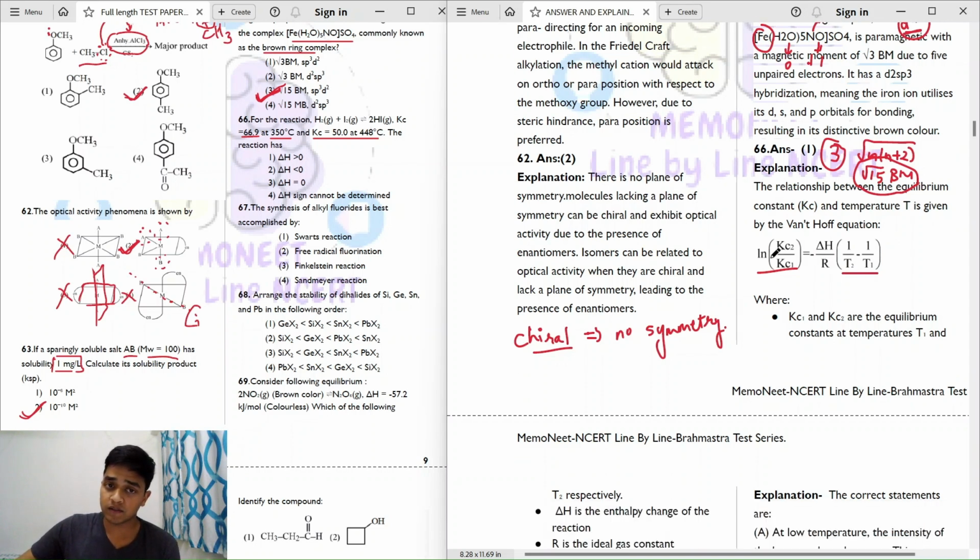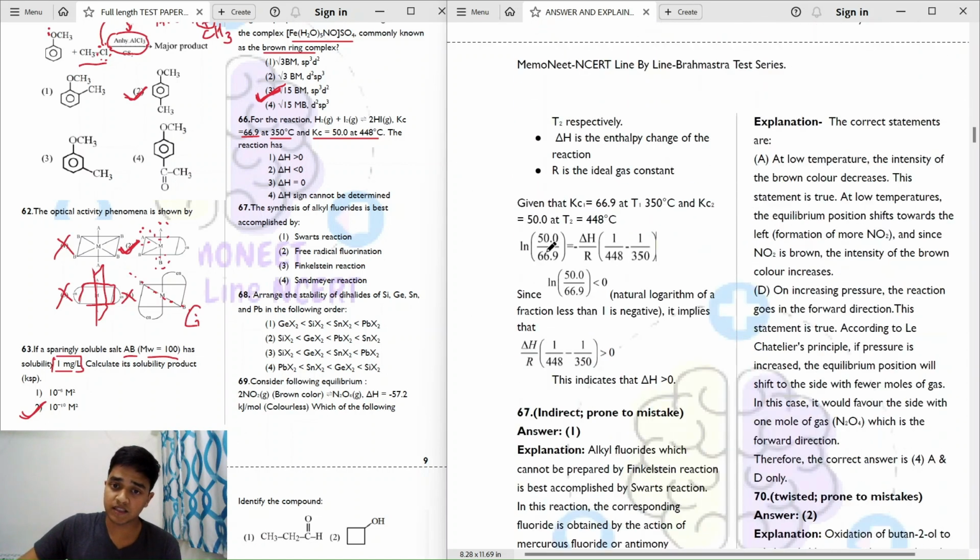So when we substitute the values, we can see that Kc1 is greater than Kc2, right? So the value of this log, which is ln 50 upon 66.9, will be negative, because the value of the fraction is less than 1. On the right hand side we have minus delta H by R, and in the bracket we have the temperatures.